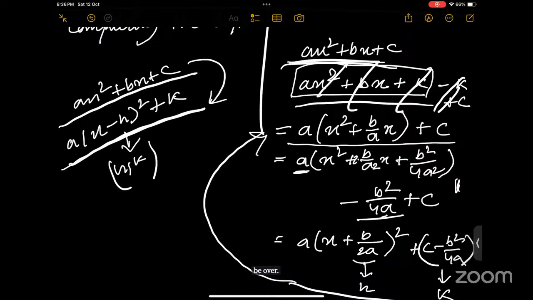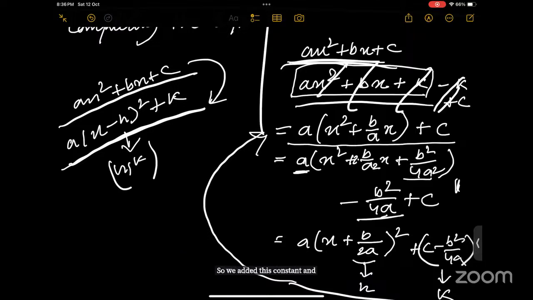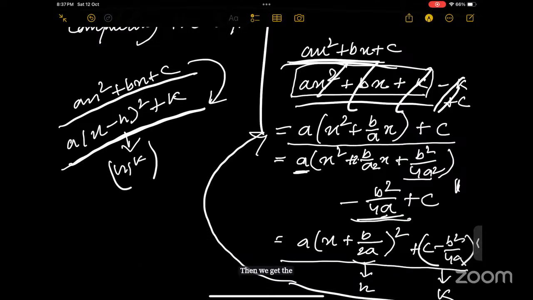If we want to make this term a perfect square, then we have to balance it with a constant, right? So we added this constant, and because we added this one extra, we have to subtract it again. Then we get the equation in this form.